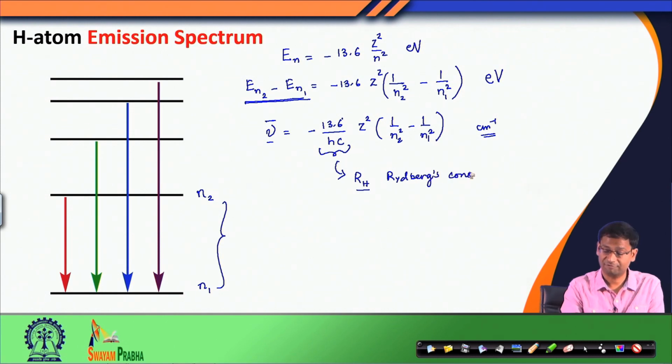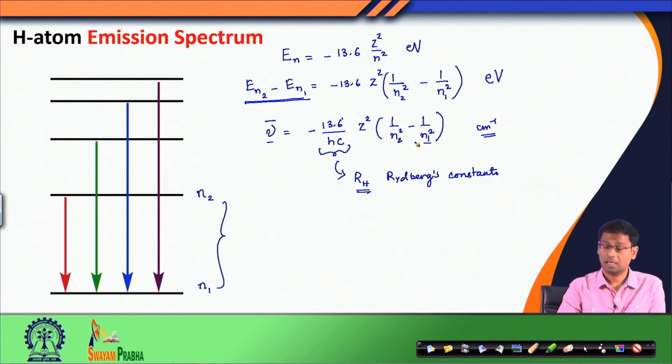If you remember, using this Rydberg constant, we could describe all the different regions of the hydrogen atom's emission spectrum. With n1 as 1 and n2 anything greater than 1, we get the Lyman series.